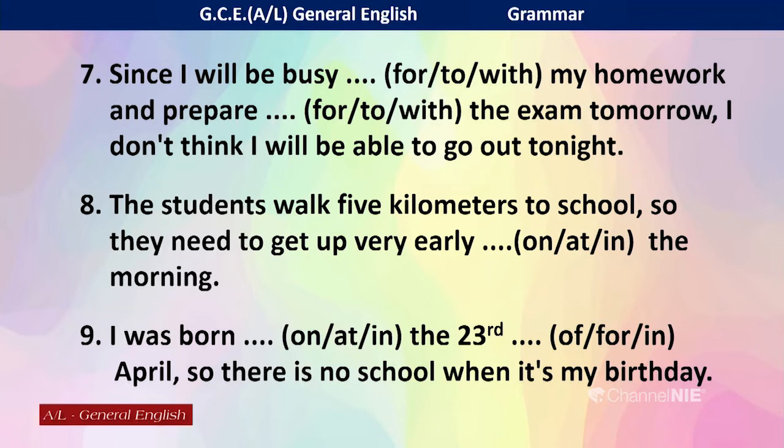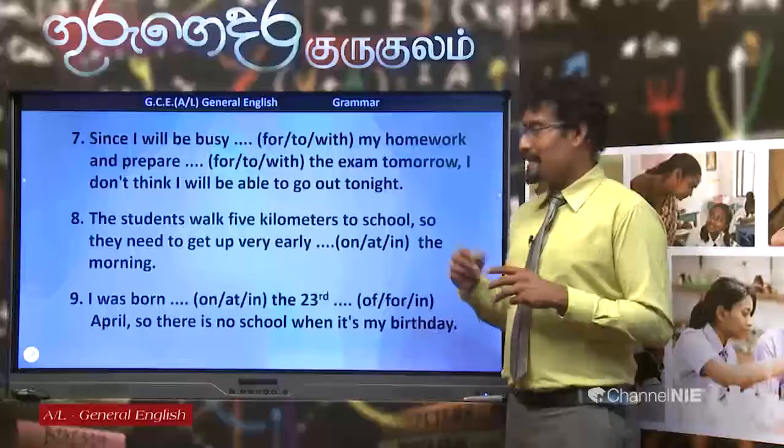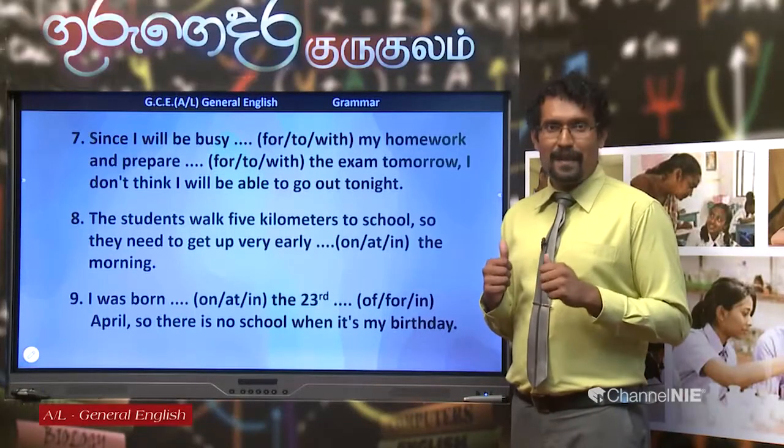I was born blank within brackets you have on, at and in. The 23rd blank within brackets you have of, for and in April. So, there is no school when it is my birthday. Now, let us do this activity together. Let us fill these blanks together.